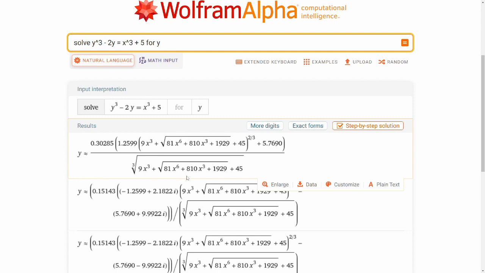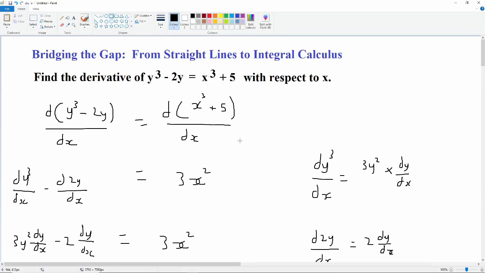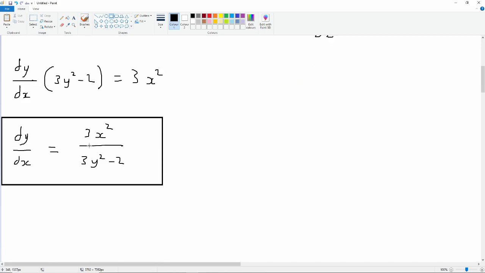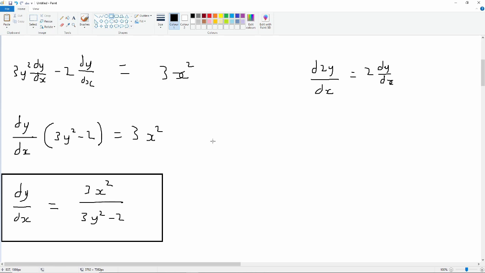So implicit differentiation really helped. Thanks to it, we got the answer in a way that was really straightforward. It can take something that looks really complicated and make it fairly straightforward. It's an extremely powerful tool.